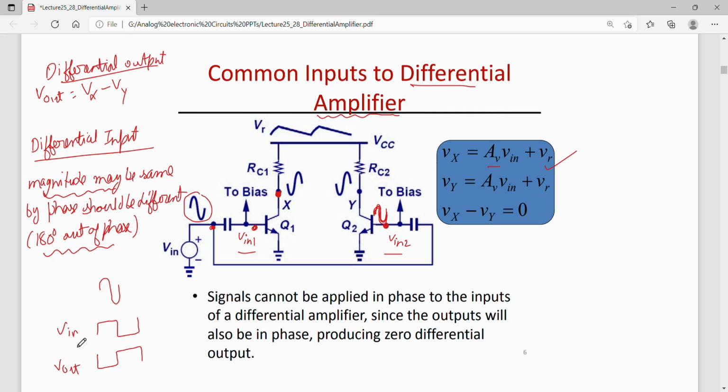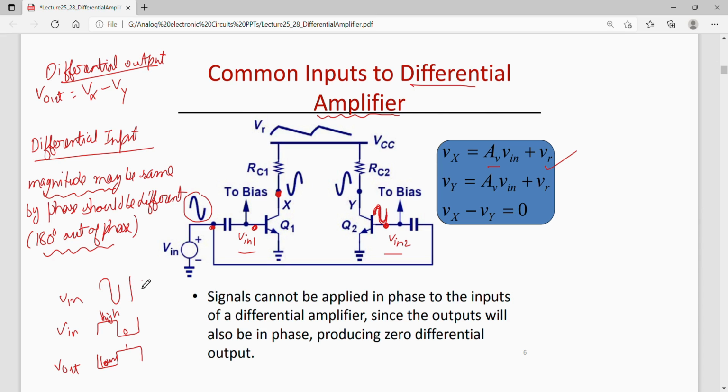Out of phase here means when the input is high, the output should be low. When the input is low, the output is high. So this is out of phase. At the output we will get an amplified version of this input, and this will be 180 degrees out of phase.